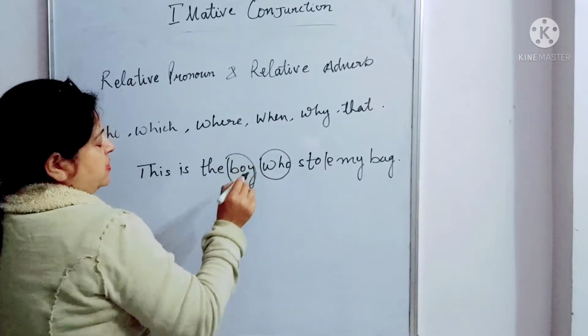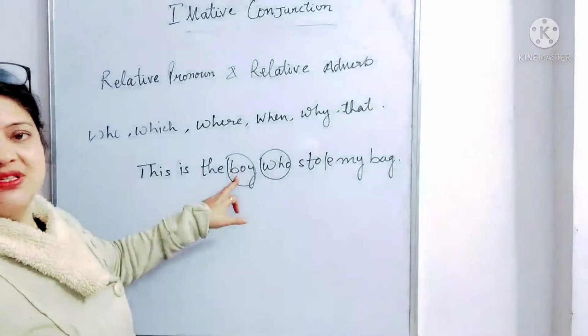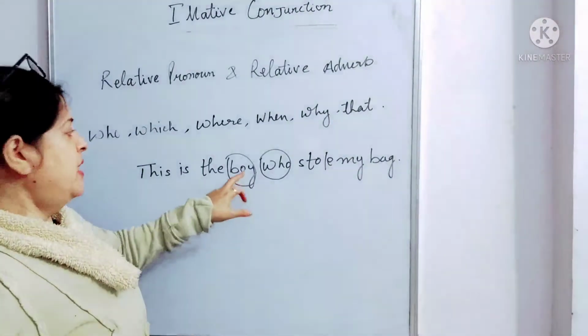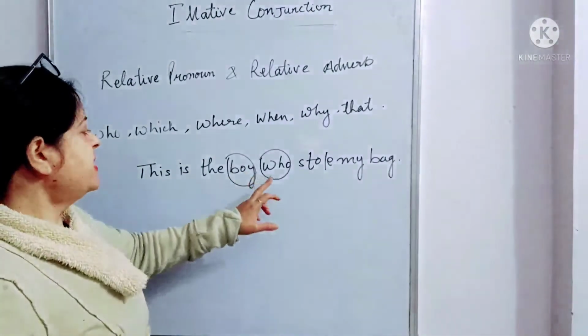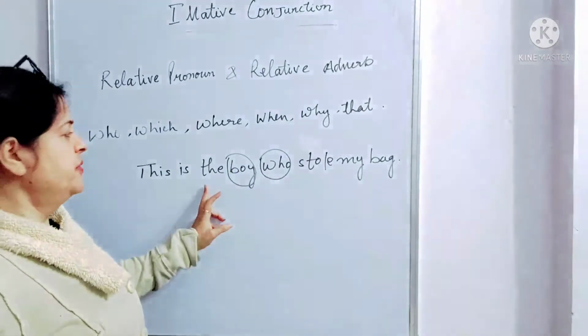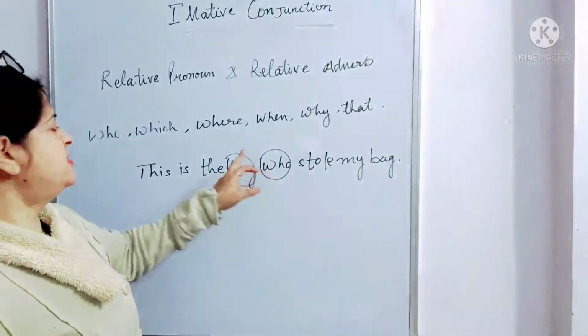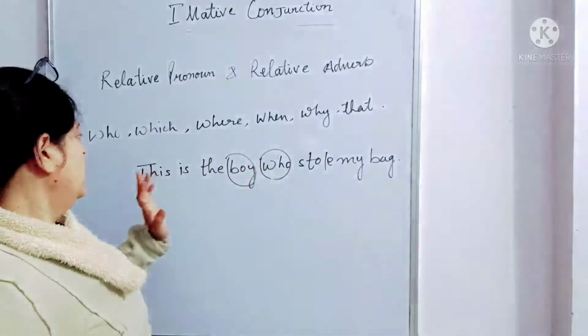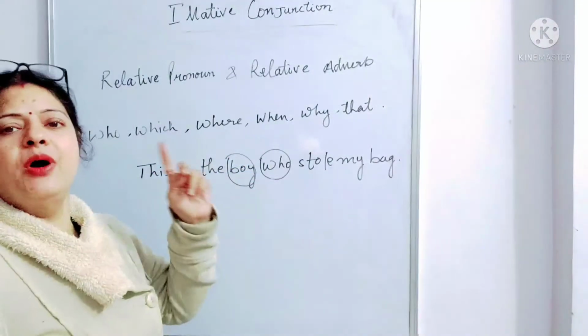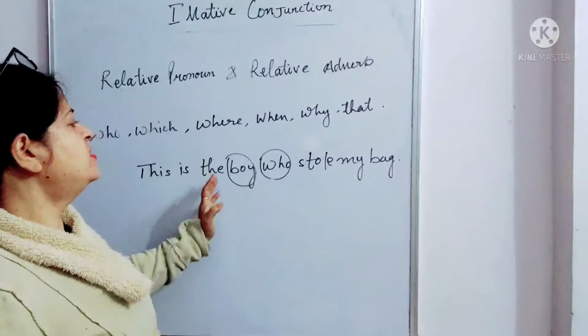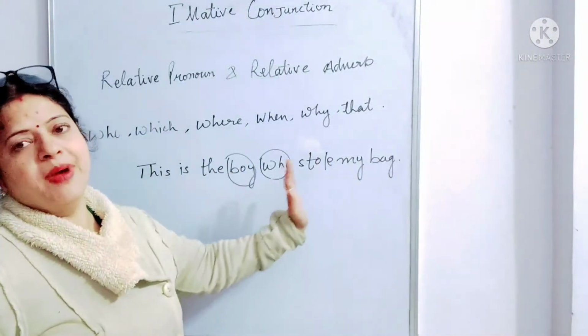This noun is called its antecedent, and it has come just before it. So this relative pronoun is describing this noun. This is the boy. We are talking about one particular boy who has stolen my bag.